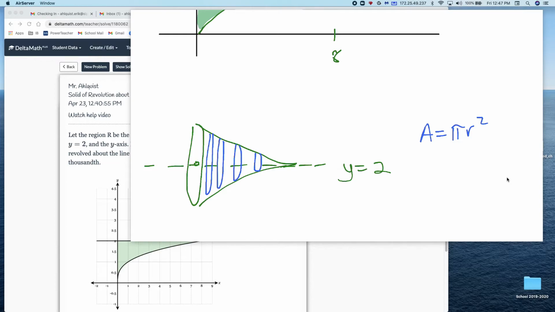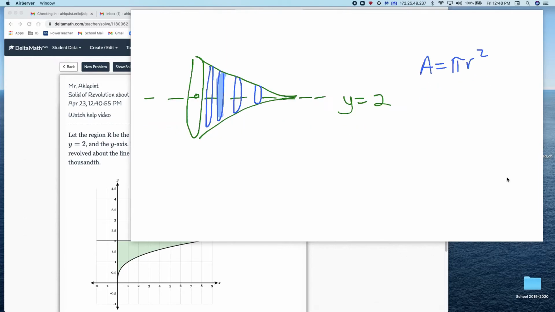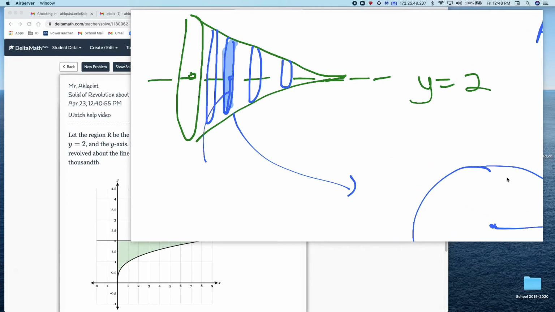So if you take one of these and say, okay, let's take just that circle right there and extract that circle, it would look like this, where this radius would go from here to here. That value right there is the radius.